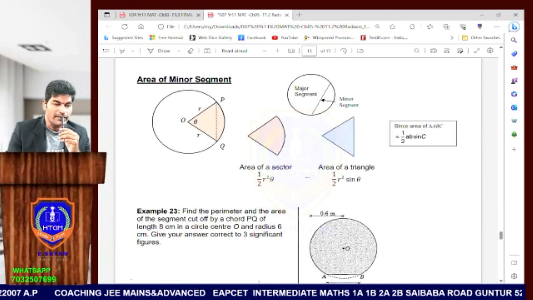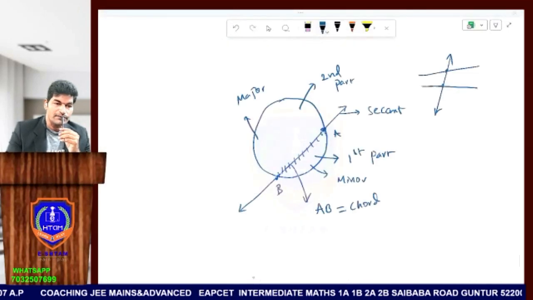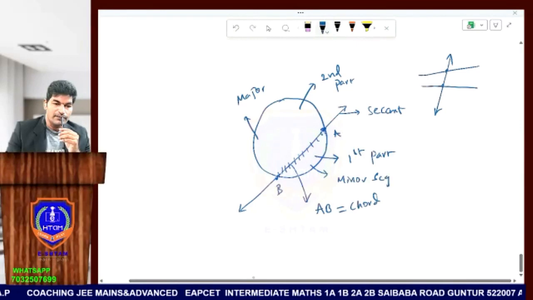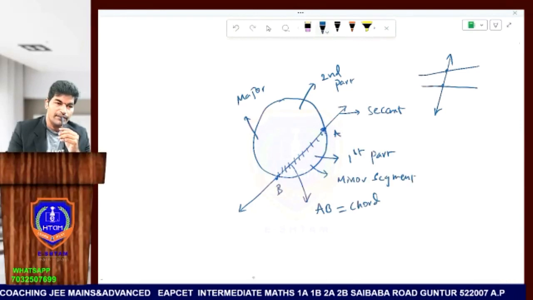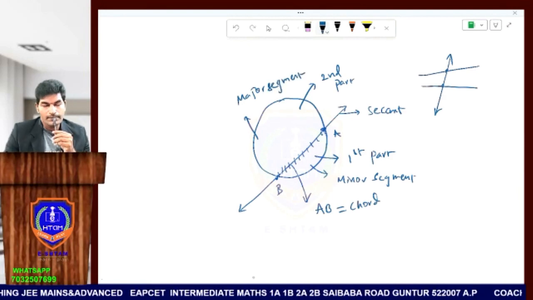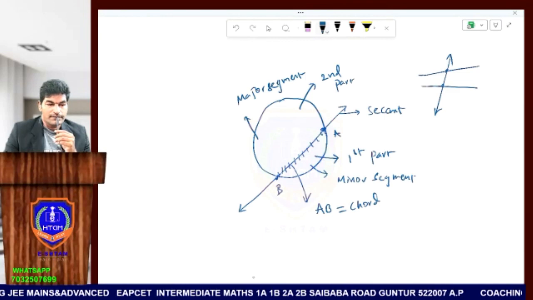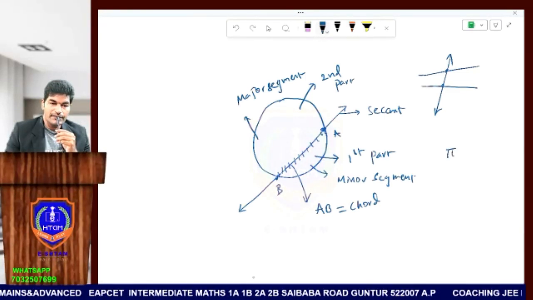So, area of minor segment, major segment. This part is called the minor segment, and the second part is called the major segment. Understood?